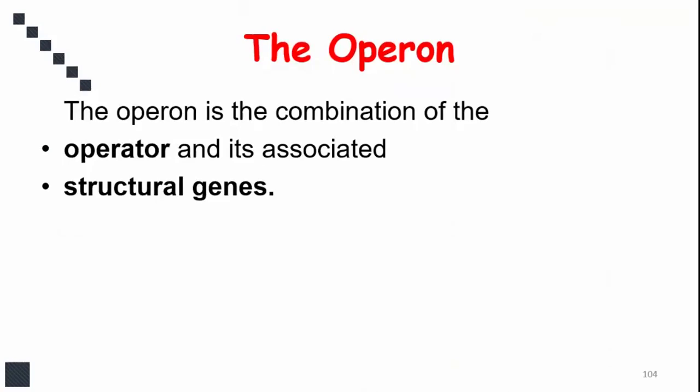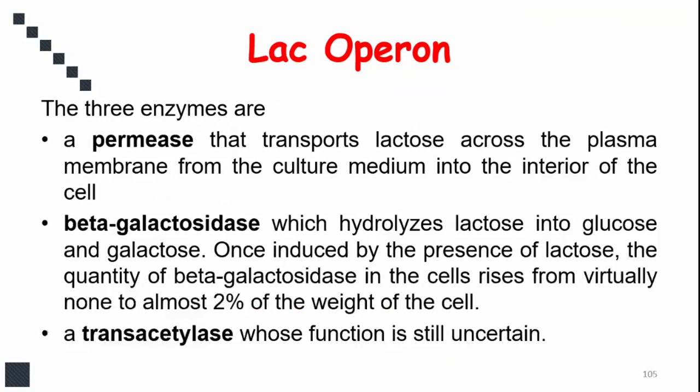Now, the idea of gene regulation actually started with what we call the operon. The operon is the combination of the operator and its associated structures, which we are going to see. The first and most common operon that is understood is what is called the lac operon, or simply known as the lactose operon.